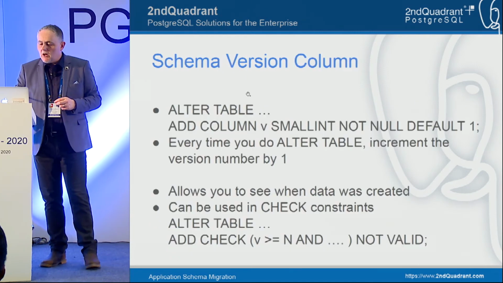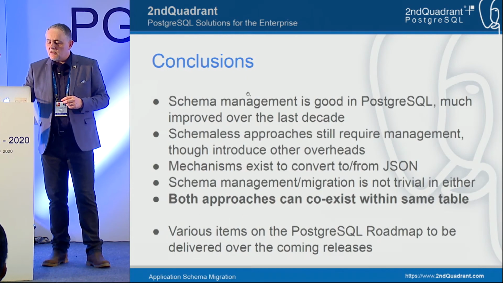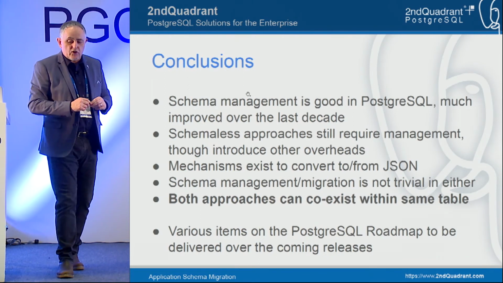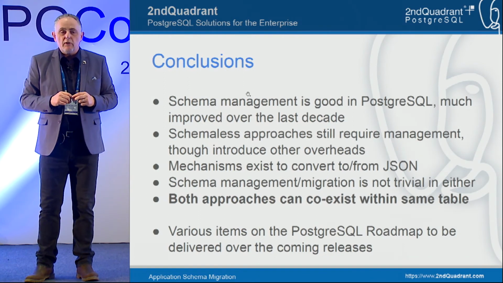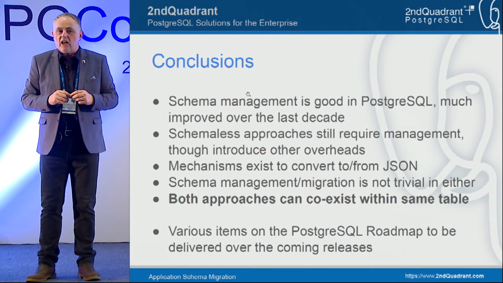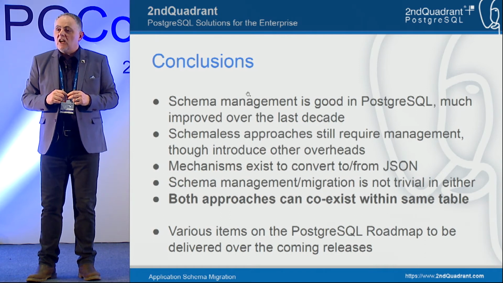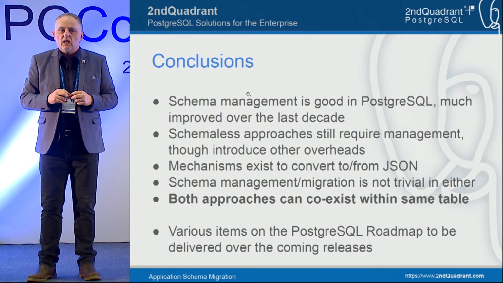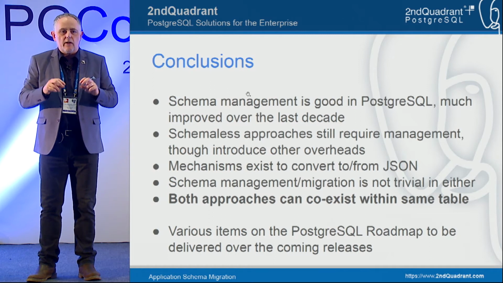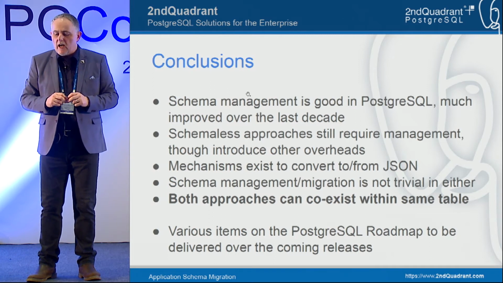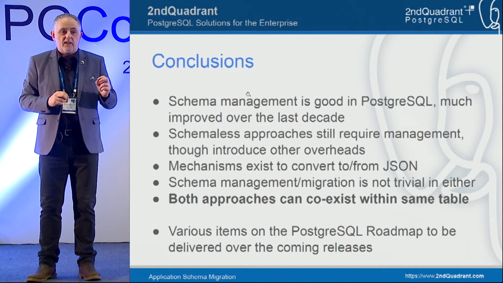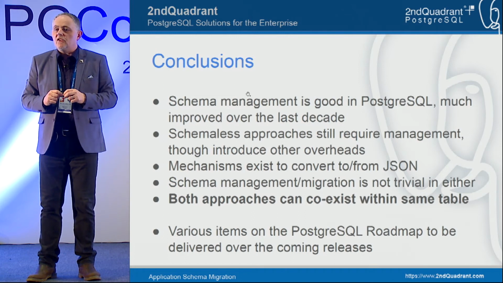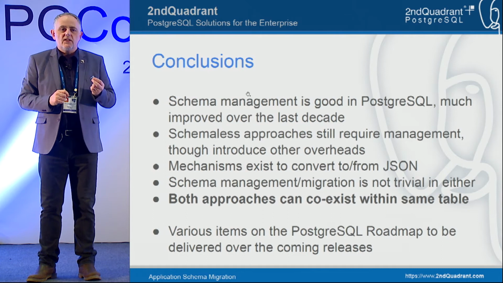And I'll just skip straight to the conclusion, is that both approaches can coexist happily within the same table even, let alone the same database, okay? And that is really one of the big strengths of PostgreSQL, is that we allow you to mix different types of data within your database.